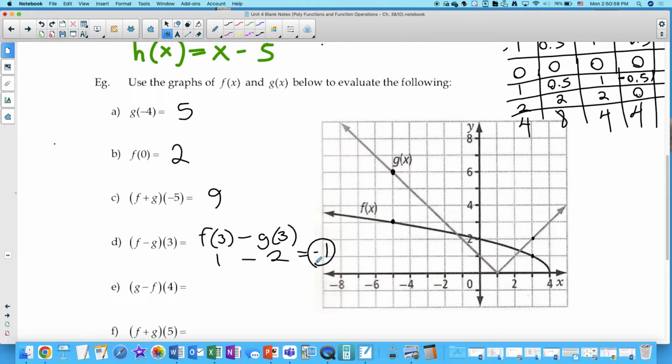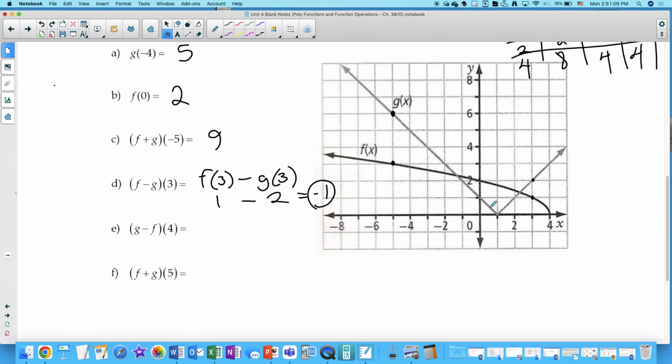Okay, and then g minus f of 4. So that's what? 3 minus 0? Yeah. Okay. And then f plus g of 5. Undefined. Yes. This is undefined because f of x is not defined for x equals 5.